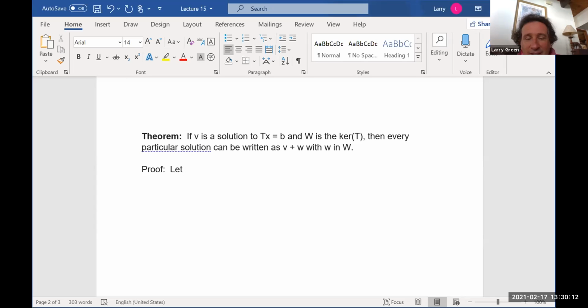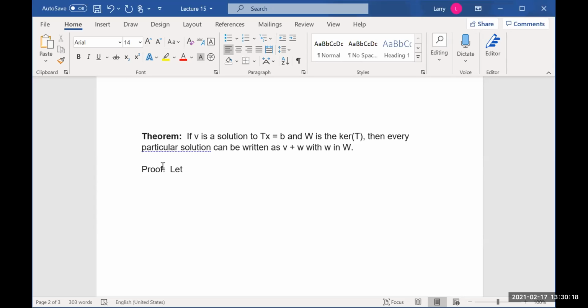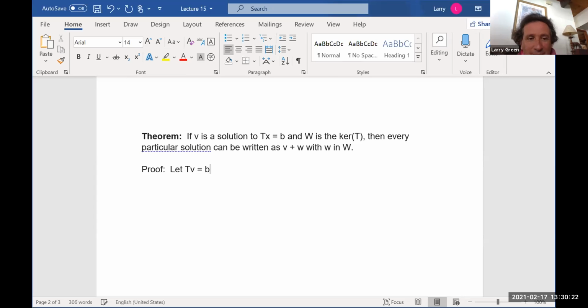Very obvious. TV equals B. That's what it means to be a solution. It means if I plug it in, it works. And what does it mean for little w to be in capital W?